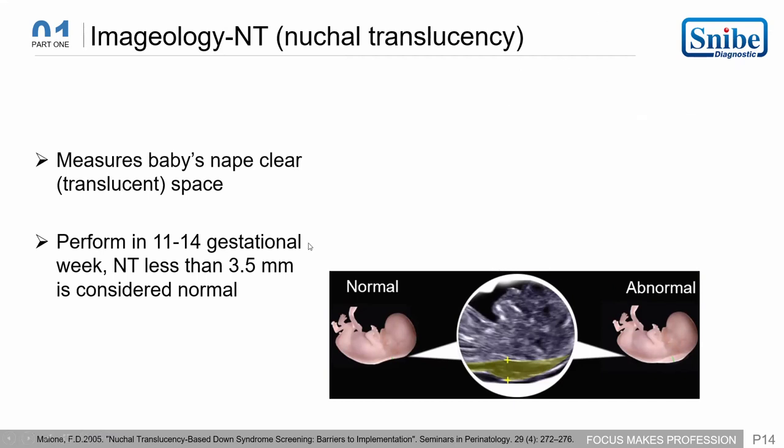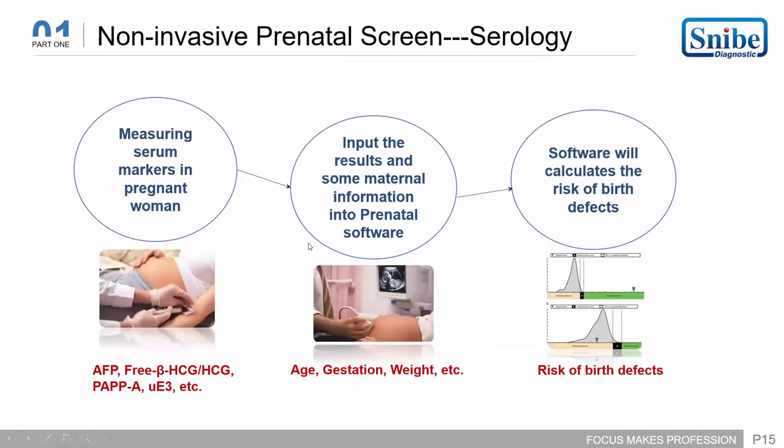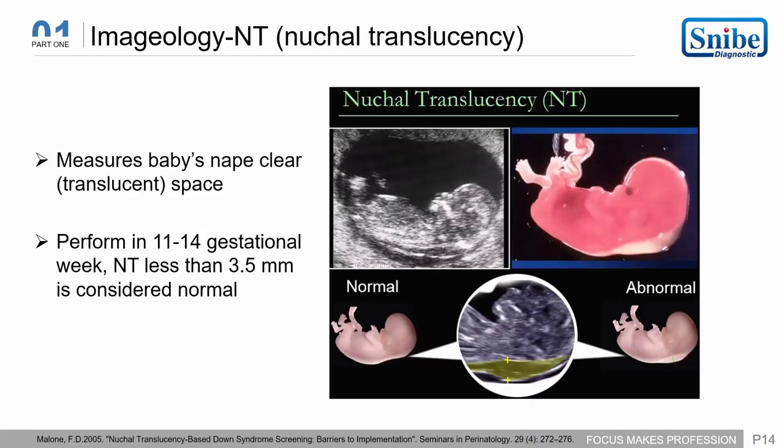Now the other part is radiological imaging. The important and typical picture is nuchal translucency. You can see here this area is called nuchal translucency. Basically the baby has a clear translucent space.